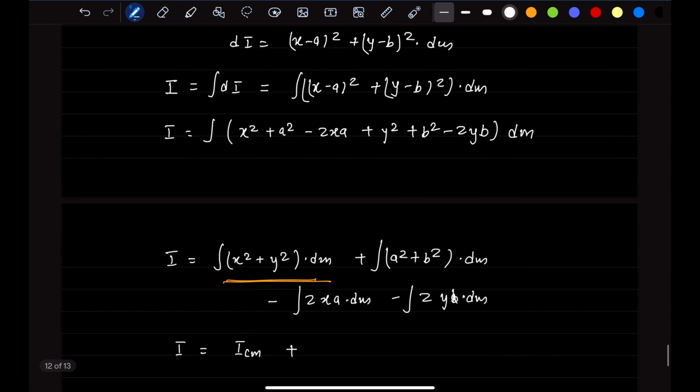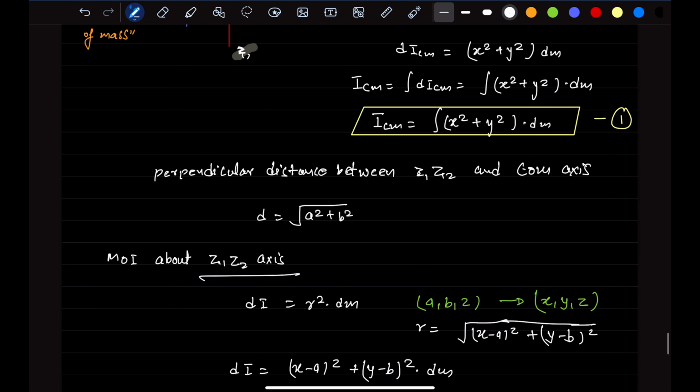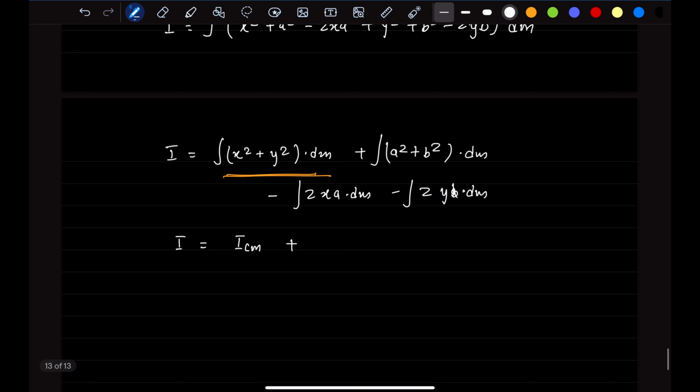That is d square. And what is d? d is the perpendicular distance between the Z1, Z2 axis and the center of mass axis. That is just a constant, so let's take it out of the integration of dm. Similarly, 2a and 2b are constants: minus 2a times the integration of x dm, minus 2b times the integration of y dm.